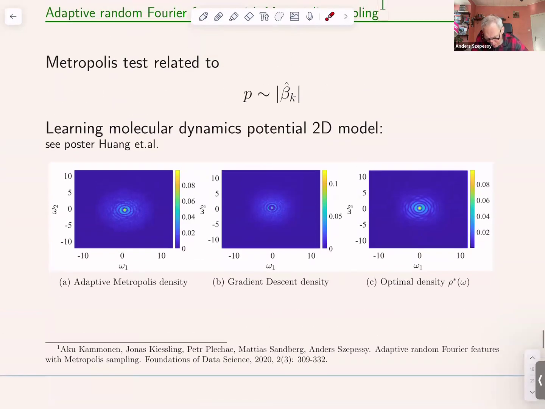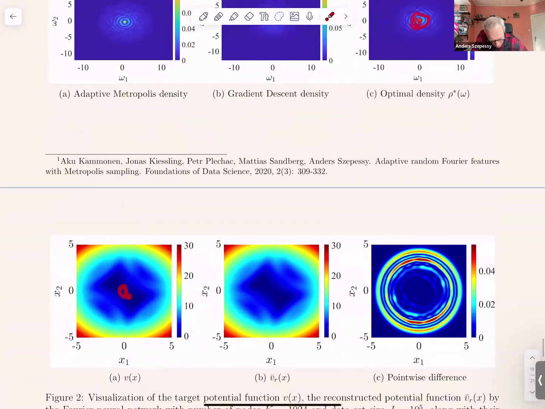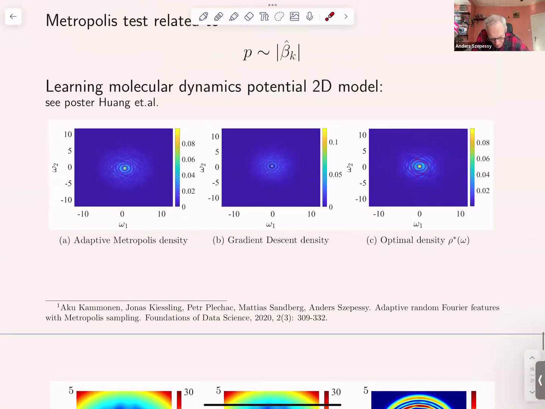So it's not surprising that it's optimal to sample much in the center because the paths are here very often. But we were surprised that it had this fascinating structure that it is sort of oscillating here, and that both the gradient descent and the adaptive Metropolis actually capture this oscillating behavior.